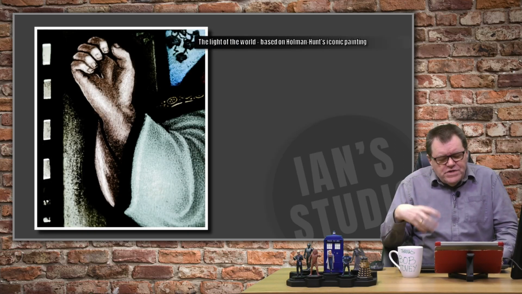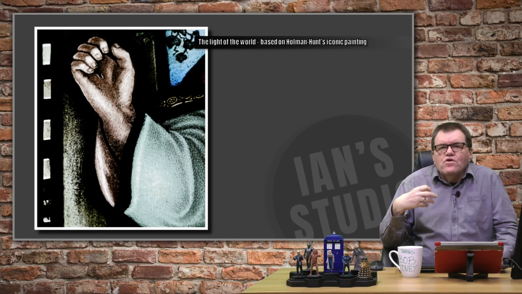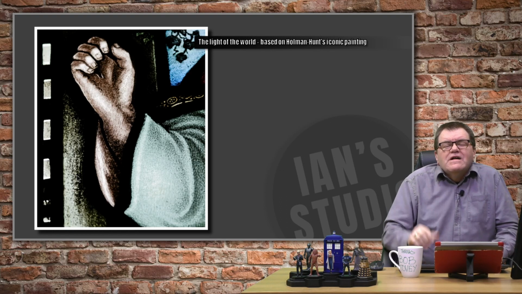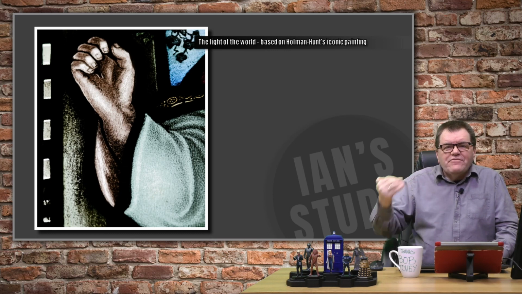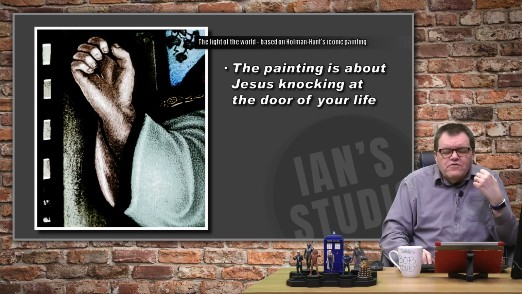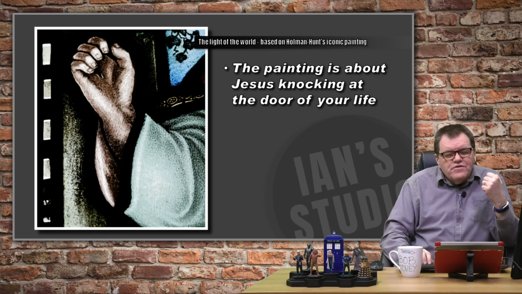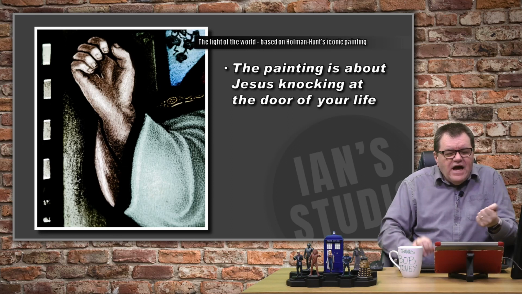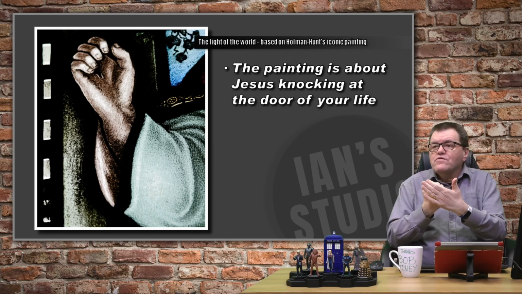The main concept behind this image is it's all about Jesus saying, I stand at the door and knock. It's about Jesus knocking on the door of your life. So the hand is important, and we've got the hand there knocking with the knuckles.